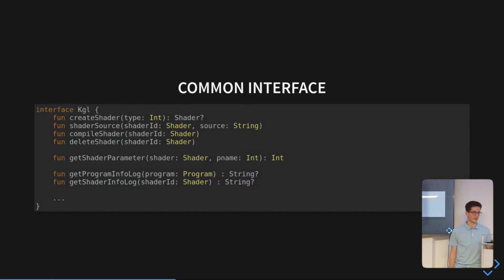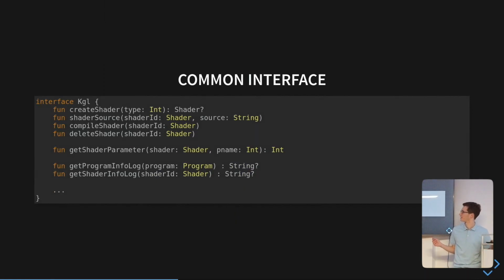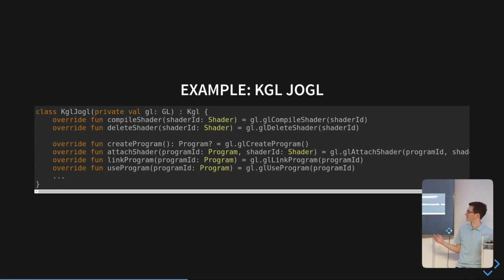So just to give you an example, here is how the interface will look like, just a bunch of OpenGL functions, and here is how one of the implementations will look like, just an adapter around the platform-specific OpenGL API. So during development, I try to follow this pattern, but unfortunately, I couldn't just wrap the functions. Sometimes some more complexity had to be added.